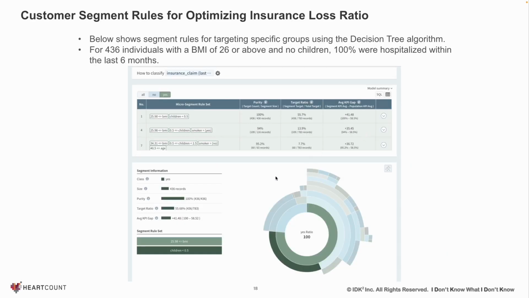Similarly, for our hospitalization data, a decision tree could unearth rules for identifying individuals based on their hospitalization status in the last 6 months. This can be done with ease using our HeartCount tool or by R or Python as well.